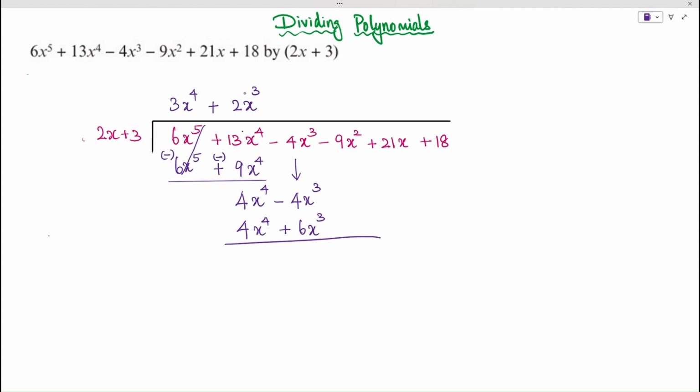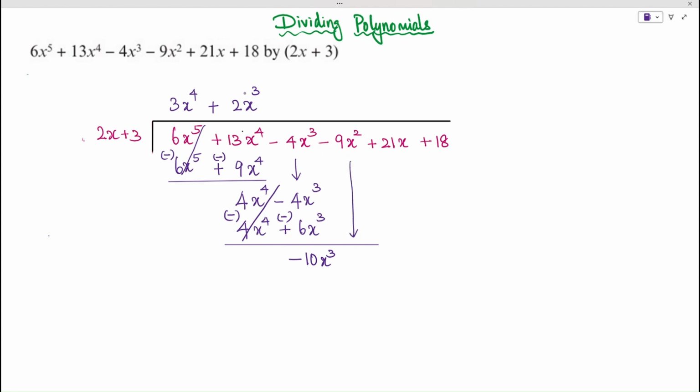We once again subtract it, and our 4x to the 4's cancel out, and we're left with minus 4x cubed minus 6x cubed, and so we're left with minus 10x cubed. We bring down our next term.